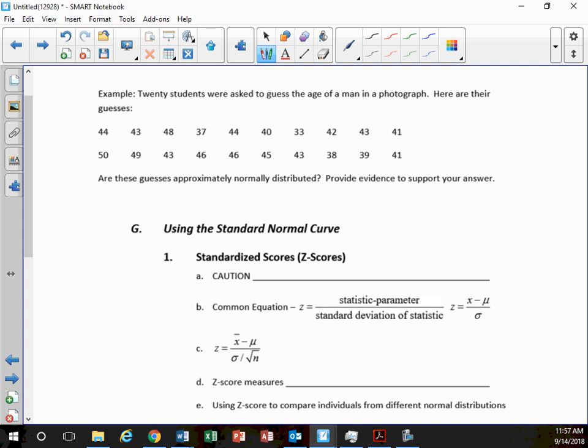Let me find mine. So go ahead and start putting these values into your list one.